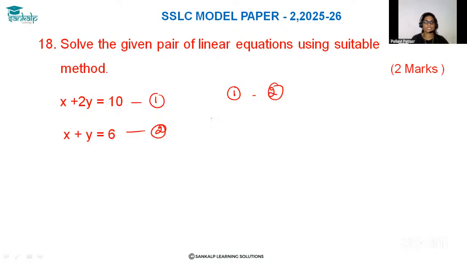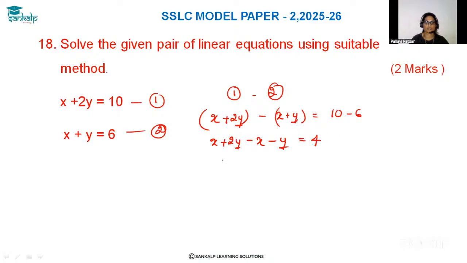So we'll get x plus 2y minus x plus y on the left hand side, equal to 10 minus 6 on the right hand side. So x plus 2y minus x minus y is equal to 10 minus 6, which is 4. Plus x minus x cancels.